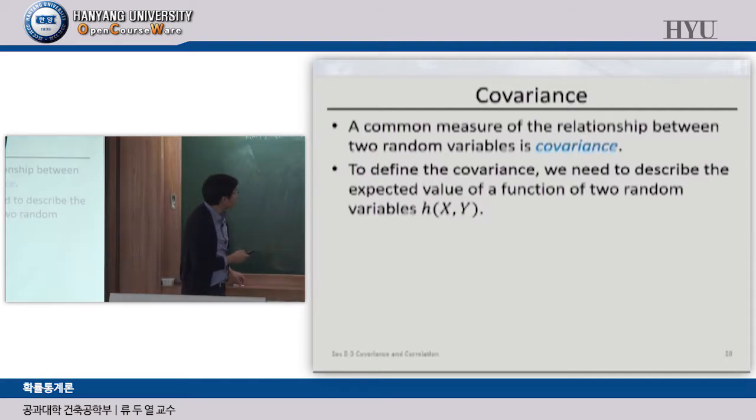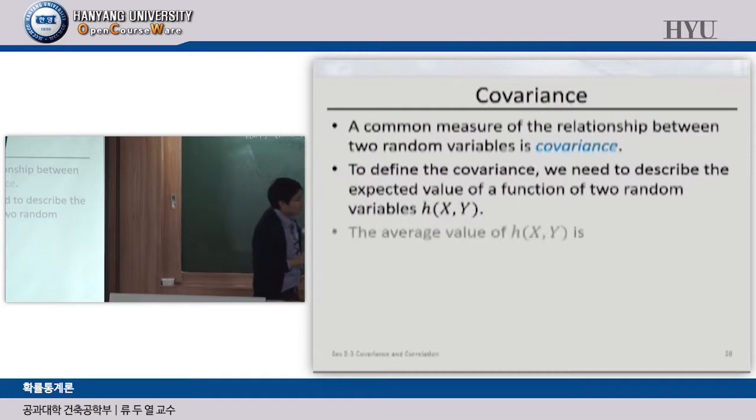That is the equation to solve the covariance between the two random variables. Based on this equation, we can determine the relationship between these two random variables.